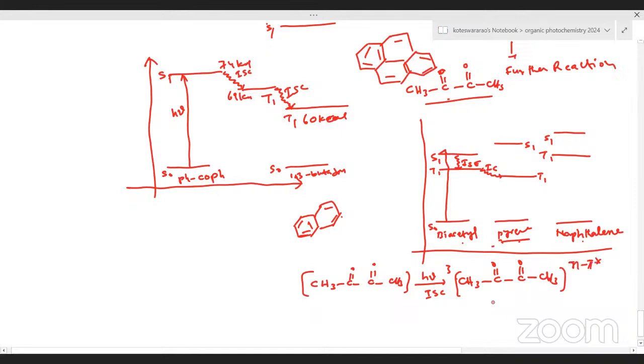Then this n,pi star will bombard the pyrene, the four-ring pyrene. Then it leads to formation of the pyrene triplet state, pi,pi star, along with the ground state of biacetyl.